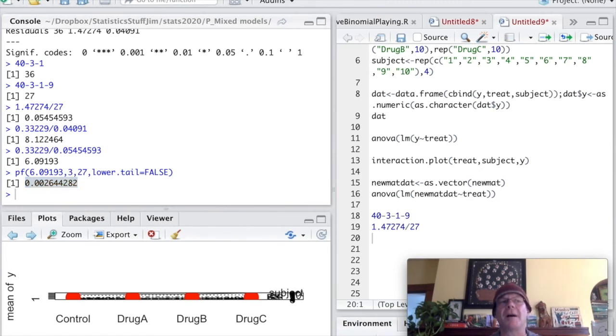So there's a couple of different ways that we can approach this. I'm going to just set it up as a mixed model approach.